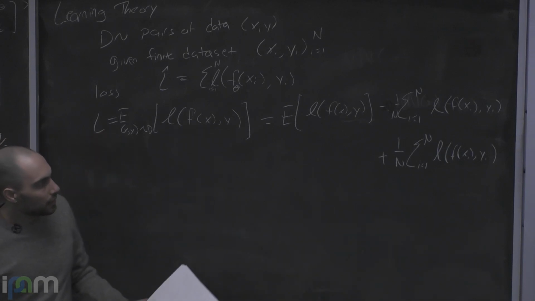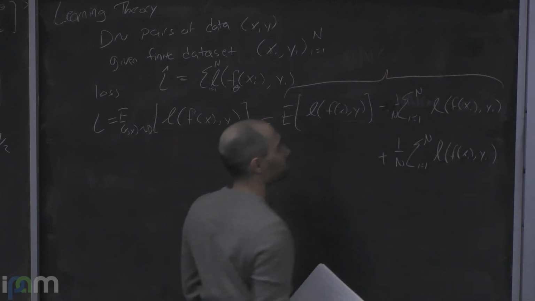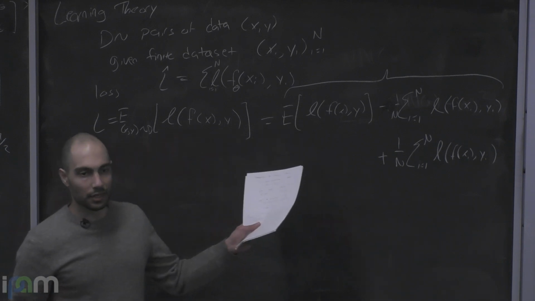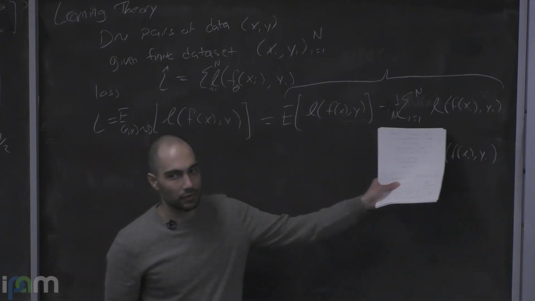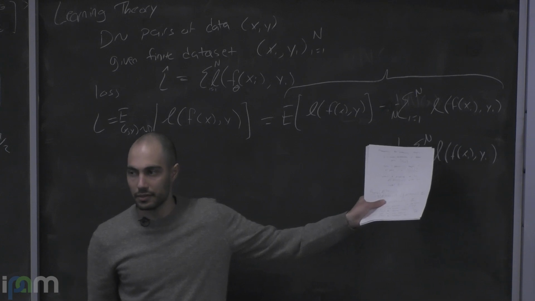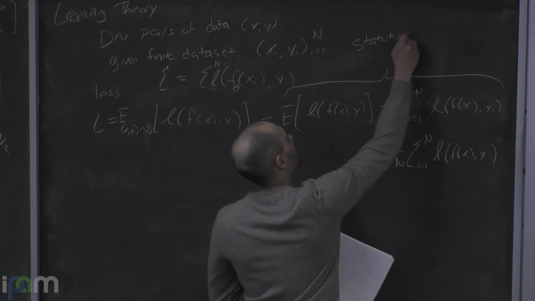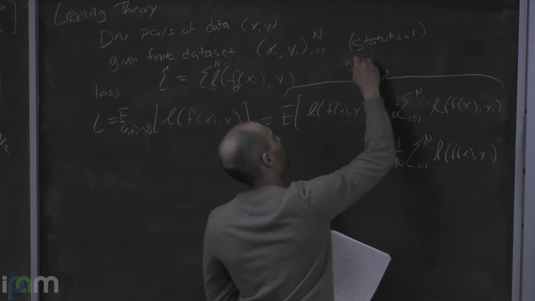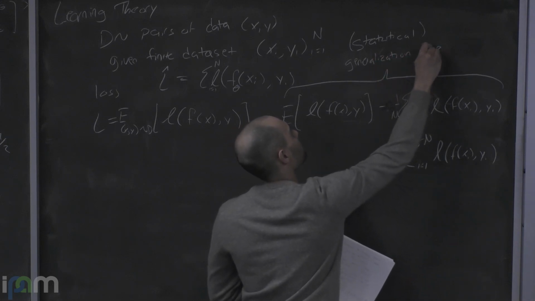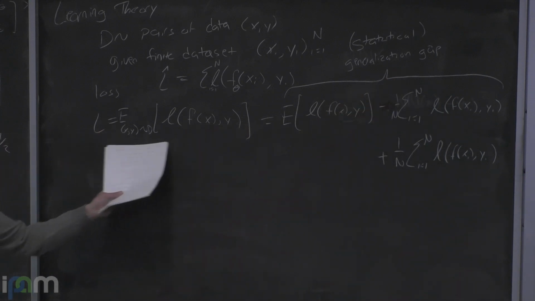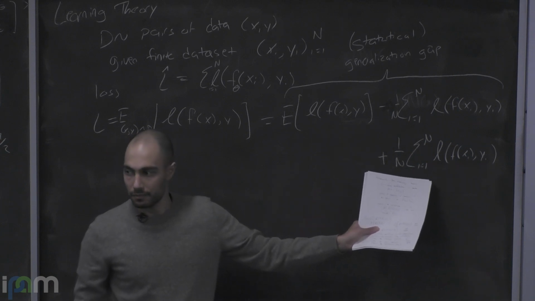Well, this quantity up here is a statistical quantity. It's saying how much the expectation of some random variable deviates from its empirical estimate from n quantities. So it's often called the statistical error, but I'll call it the generalization gap. Sometimes this is called the generalization error, and this is the gap of the generalization error from your empirical error.